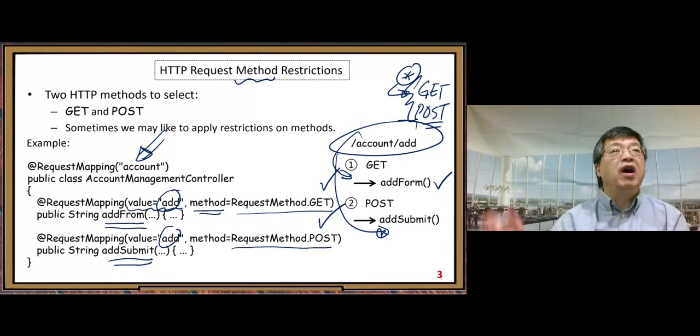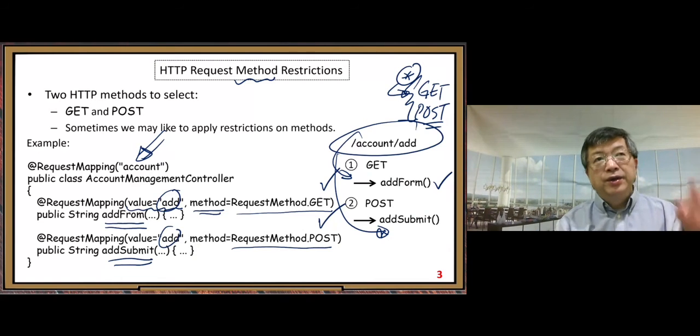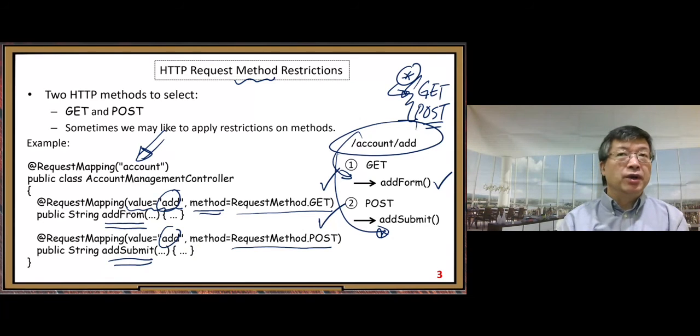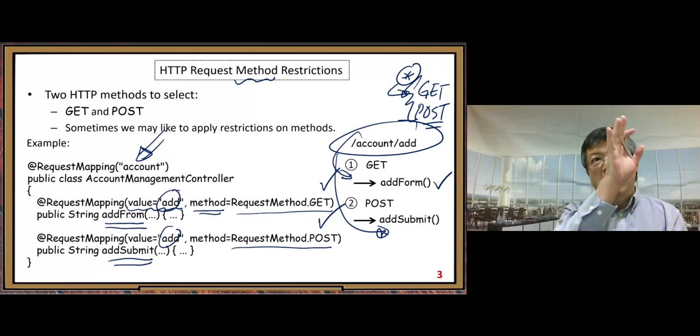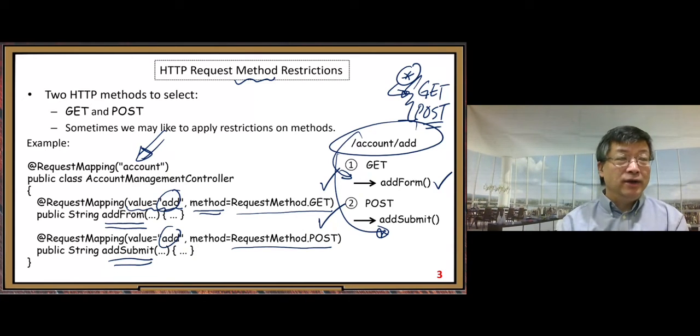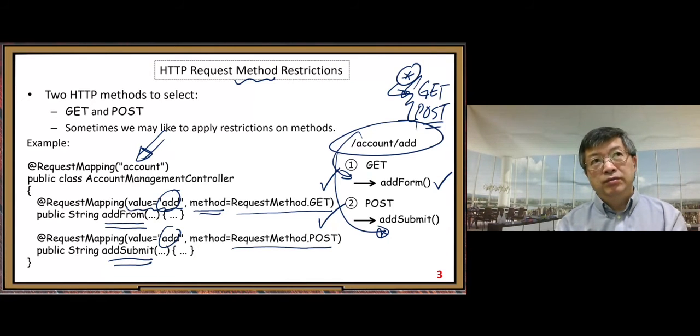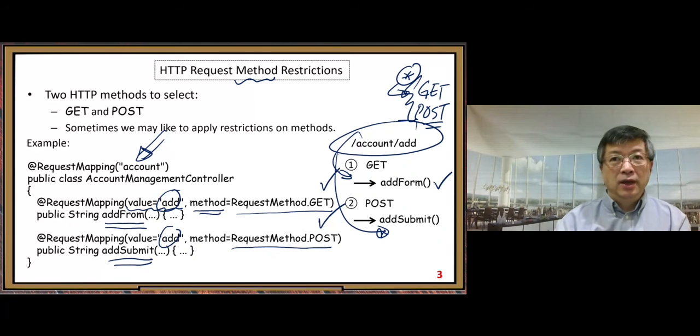If you do not specify any method, you use the get method. If you need to use the post method, you need to specify method equals post. Do you know how to specify post? Very basic. If I have a chance later, when I explain some questions, I will explain that part. Okay, next.